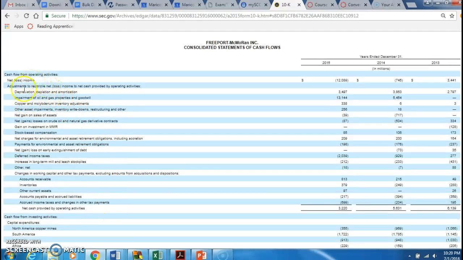So the first adjustments up here that we looked at are presented as increases, and they involve expenses that don't include cash, so they're going to be added back to the net income or net loss.